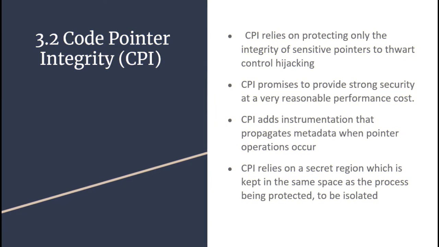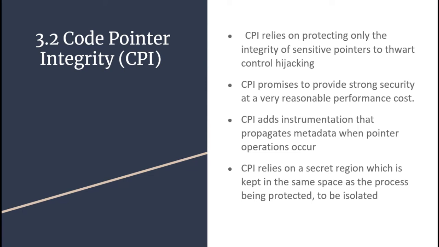Okay, code pointer integrity, or CPI. Unlike complete memory safety, CPI relies on protecting only the integrity of sensitive pointers to thwart control hijacking. Since sensitive pointers make up a subset of all pointers, CPI promises to provide strong security at a very reasonable performance cost.